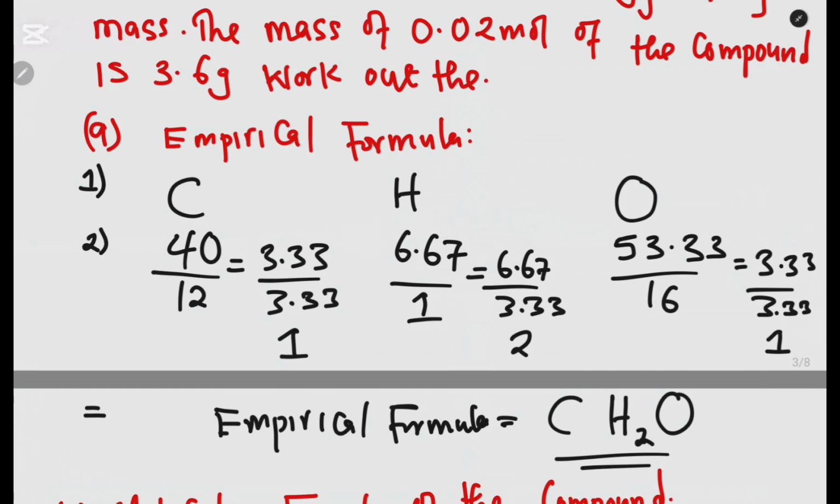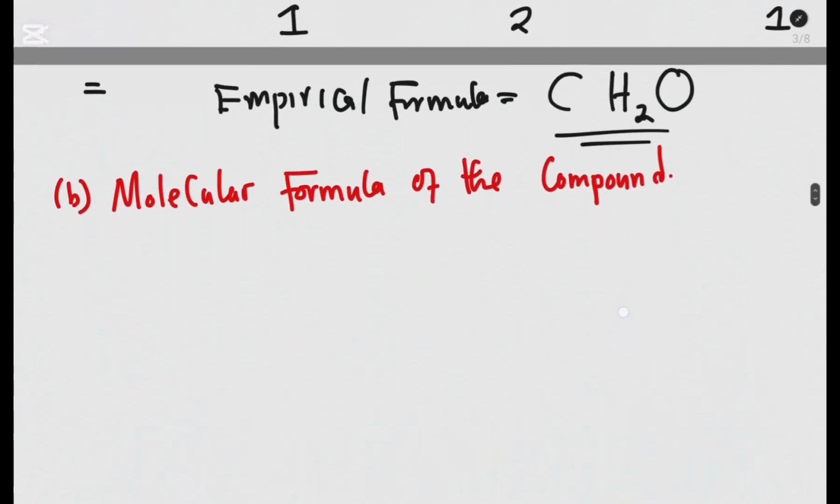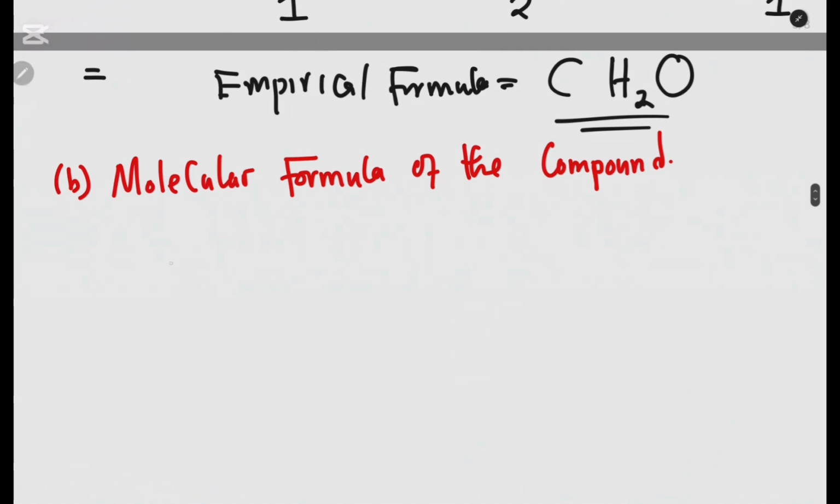This question is more like the first one that we've answered. But of course, you are going to see the difference when it comes to calculating the molecular formula, and a slight difference on the part for oxygen, which is not given. In the previous one, it was given. All right, let us look at the molecular formula. For the molecular formula, we need the empirical formula, which we already have.